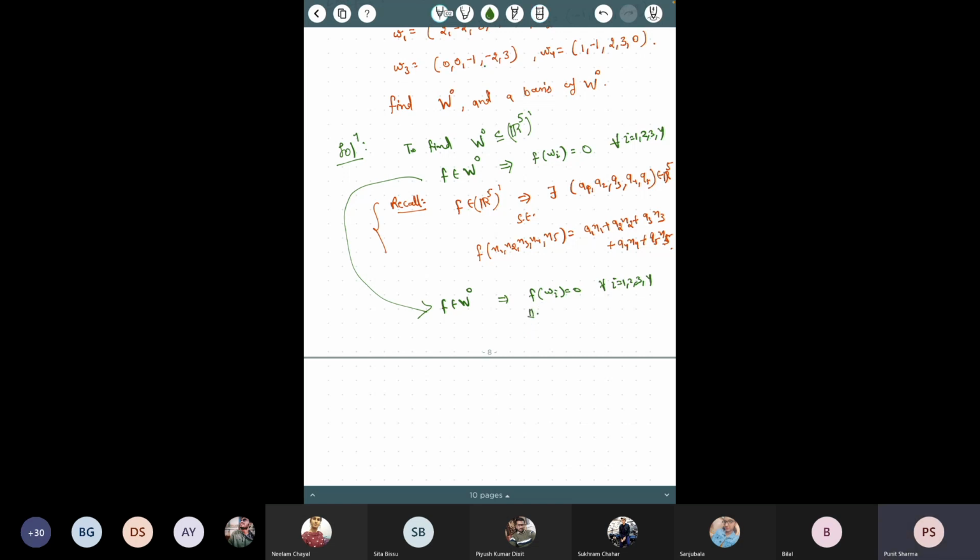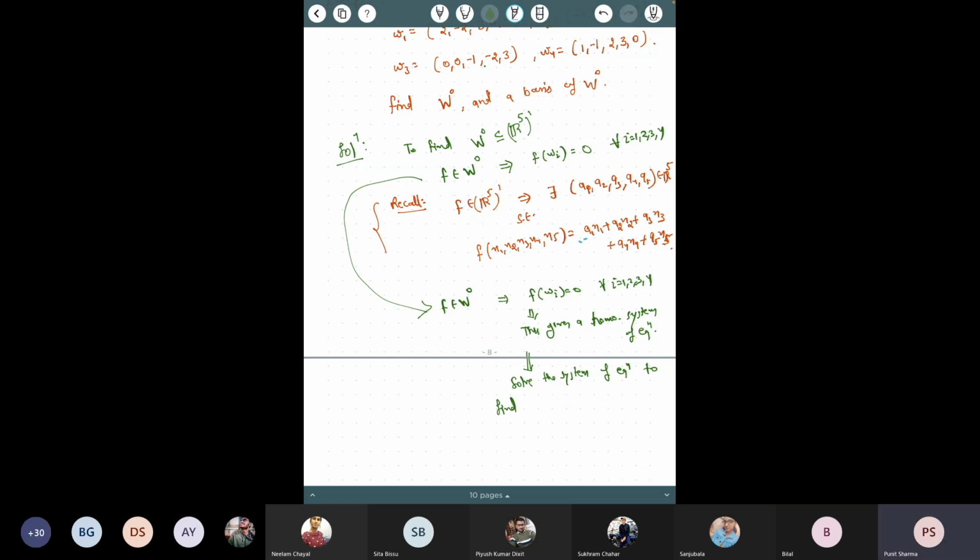So this gives a homogeneous system of equations, and then we solve this system of equations. Any linear functional would be of this form, but not every functional belongs to W nor. There would be some functionals which belong to W nor, because W nor is a subset of this.